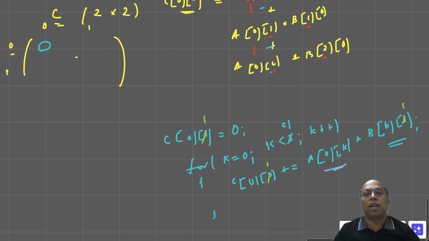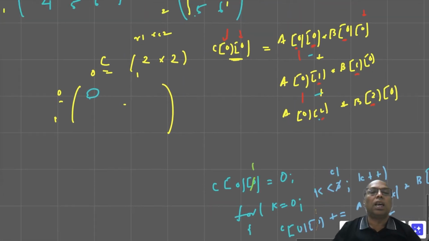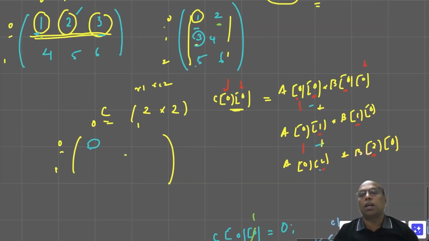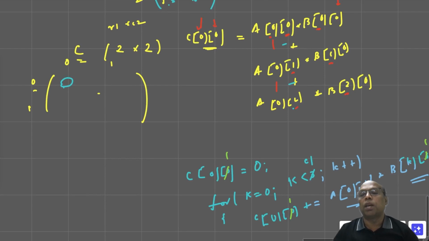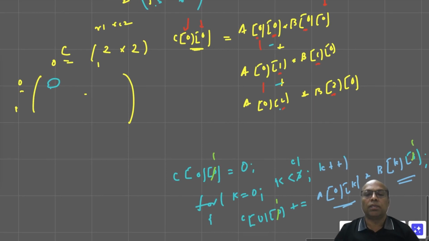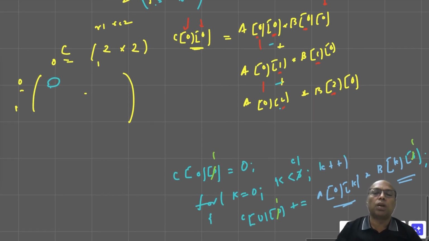If I write C of 0, 1 plus equal to A of 0, 0 into B of 0, 1, then A of 0, 1 is multiplied with B of 1, 1, and A of 0, 2 multiplied with B of 2, 1. That means you can simply convert it into a loop, right?